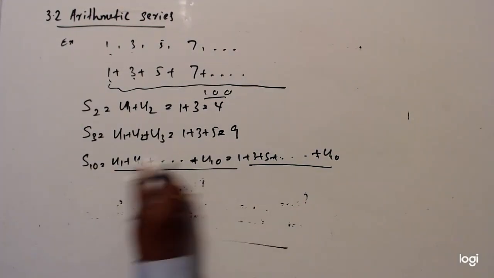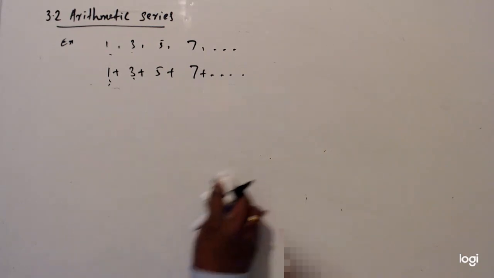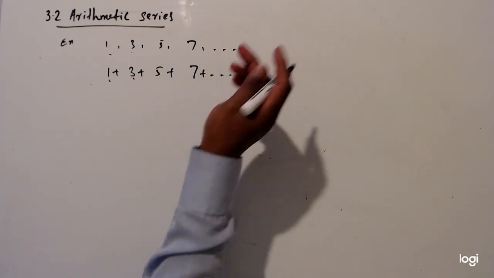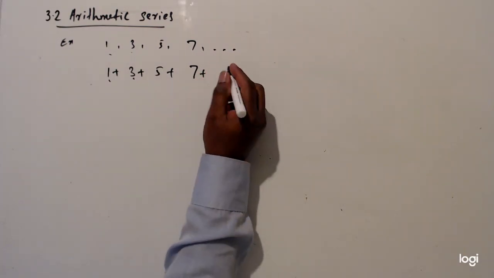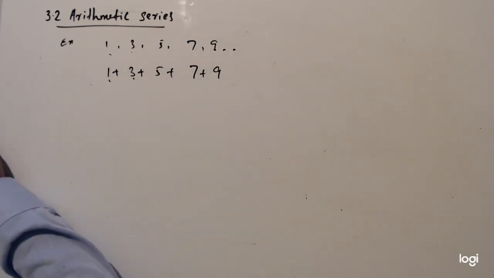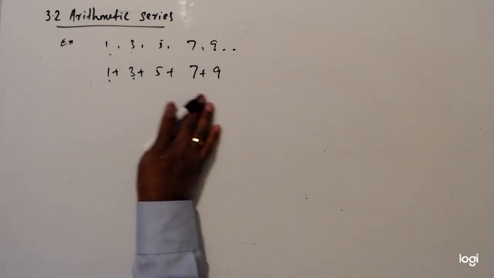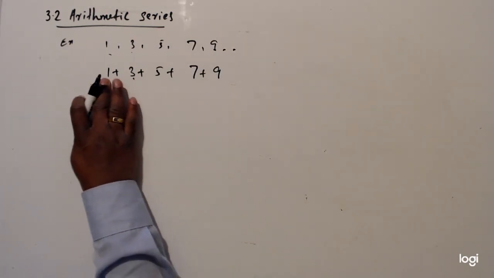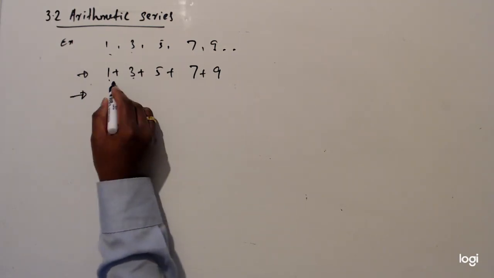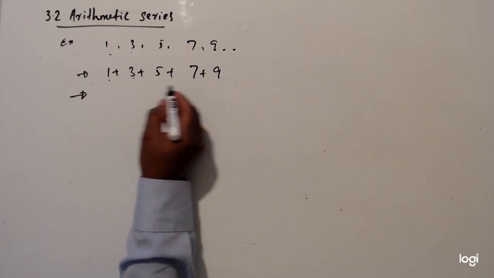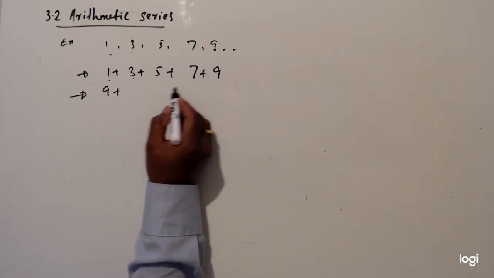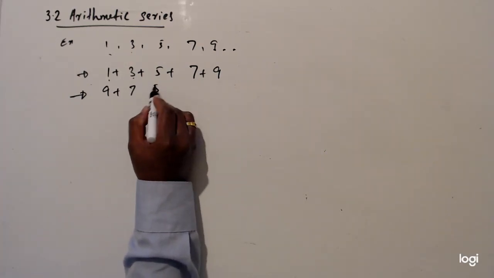Let's discuss a bit further. Assume I want to add 1, 3, 5, 7 and 9. Instead of adding this line, I will rewrite this line like this: 9, then 7, 5.